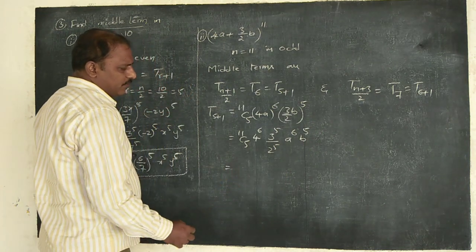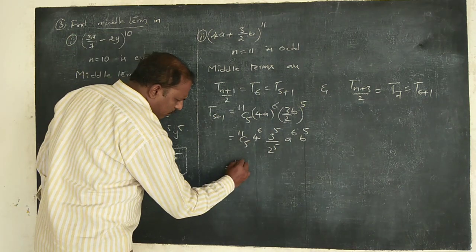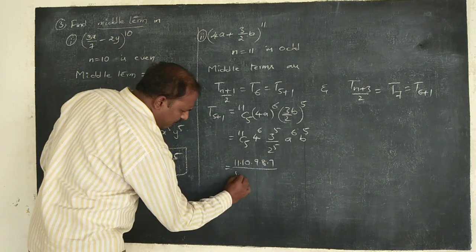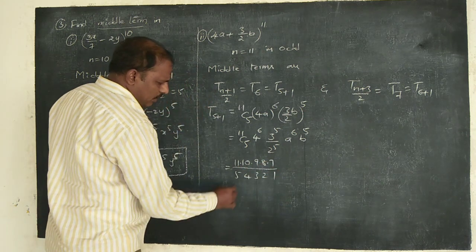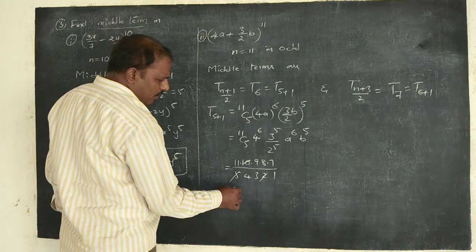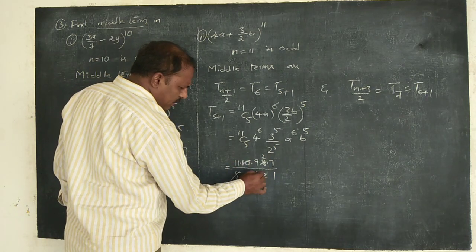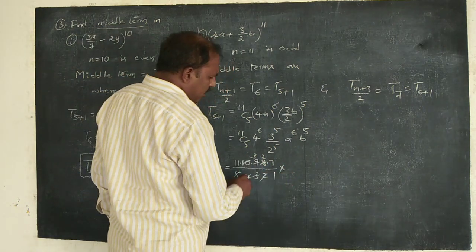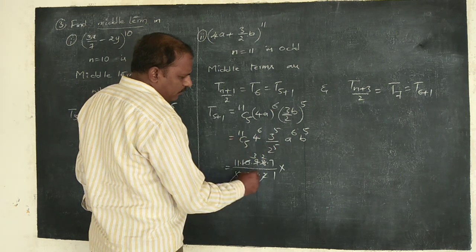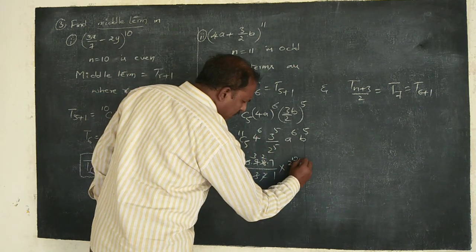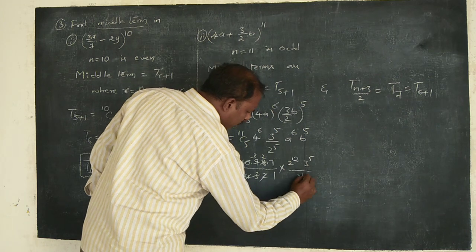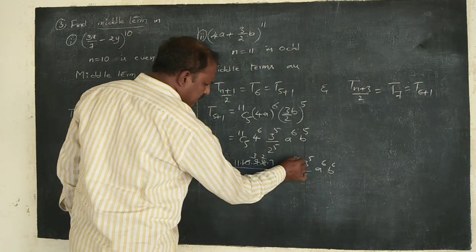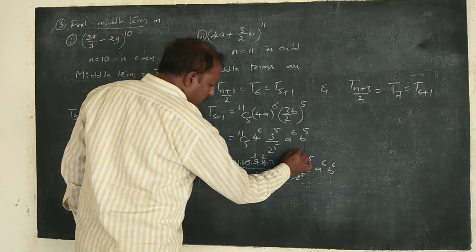This can be written as 11 into 10 into 9 into 8 into 7 by 5, 4, 3, 2, 1. 10 gets cancelled. 4 ones are 4, 4 twos are 8, 3 ones are 3, 3 threes are 9, into 2 to the power of 12, 3 to the power of 5 by 2 to the power of 5, into a to the power of 6, b to the power of 5. 2 to the power of 5 gets cancelled with this. 2 to the power of 7 remains.